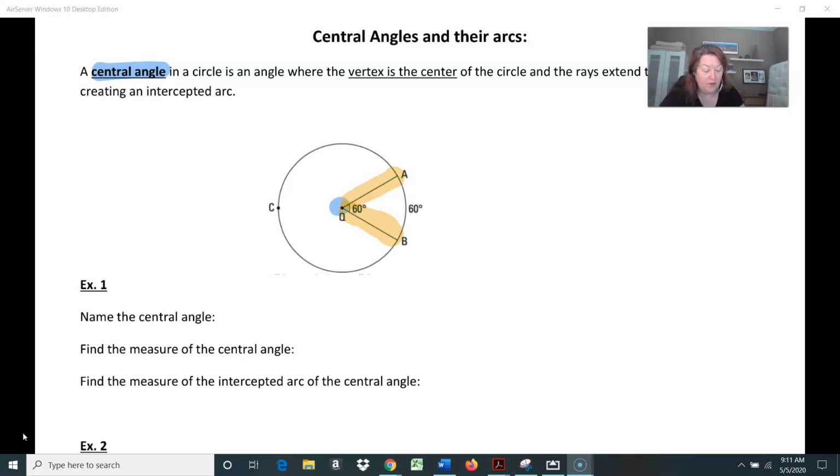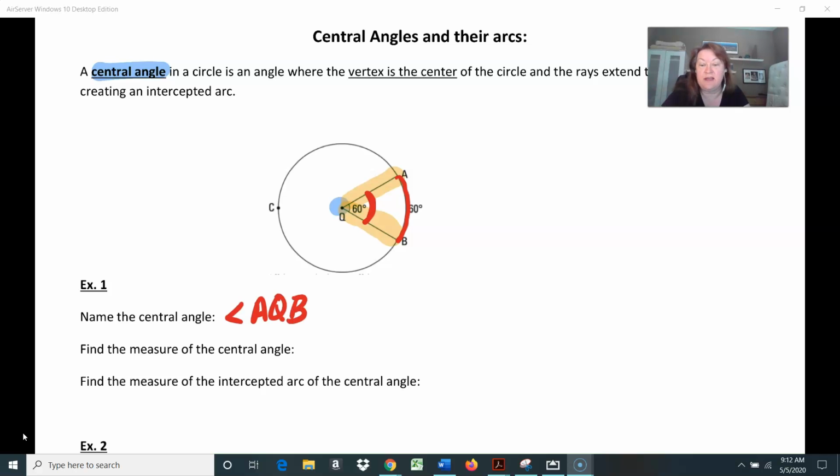What we know about that central angle is that whatever this angle is at the center, the angle itself is going to be the same measure as the arc out here. So if we're going to name this angle, we would say that this is angle AQB.